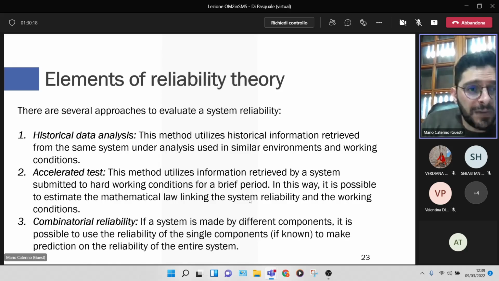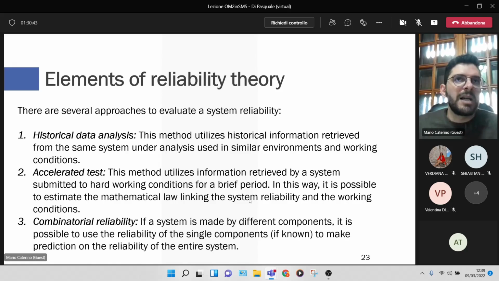I can retrieve the information by means of accelerated tests, for example, which use information retrieved from a system submitted to hard working conditions for a brief period. In this way, it is possible to estimate the mathematical law linking the system reliability and the working conditions.